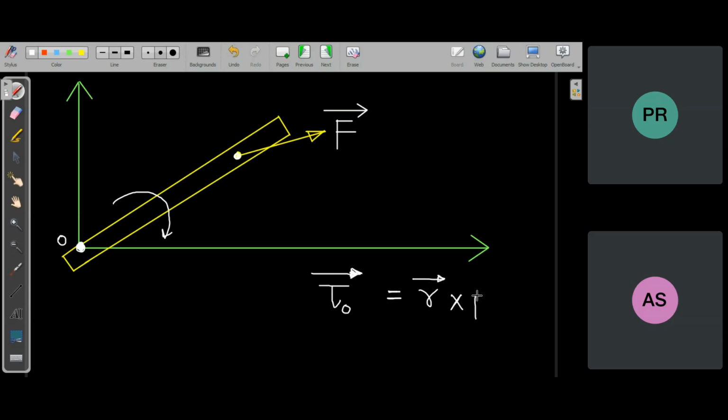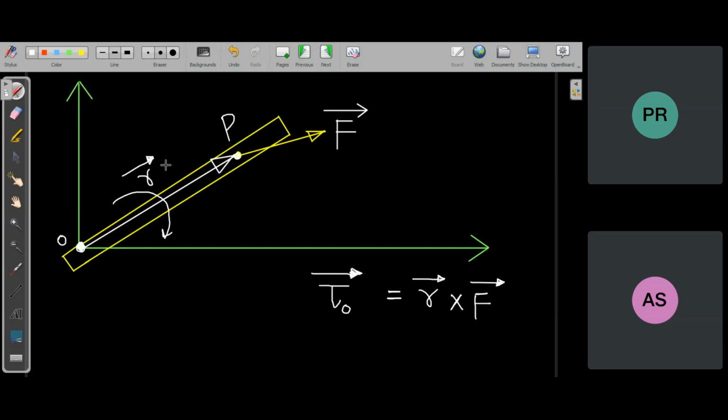And this is the torque due to this force about the point O. And what is the R vector? The R vector is simply a vector joining the point where you have to find the torque to the point of application of force. Force is acting about this point. Let's call this point P. So O to P, the joining vector, is vector R, and the other is the force vector.